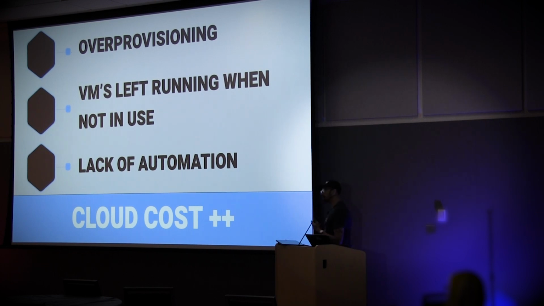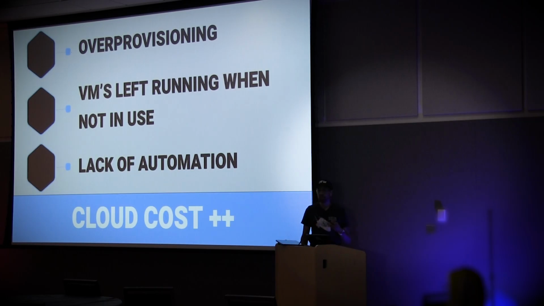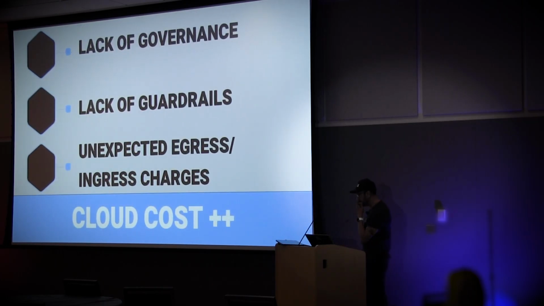And then similar to that is the lack of automation around cloud cost, right? If you're able to automate more stuff and bring servers up and down when you need them, instead of just leaving them running all the time or longer than they need to, if you had automation around that, that can also significantly reduce cloud costs. Okay.